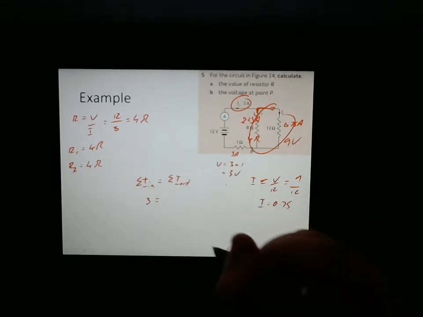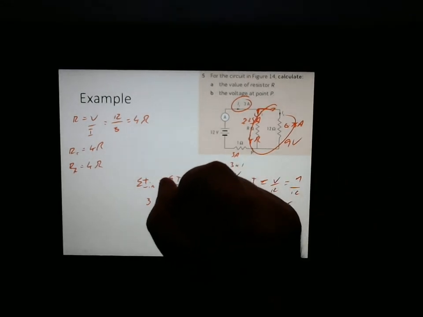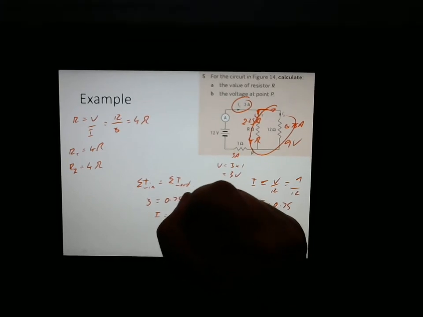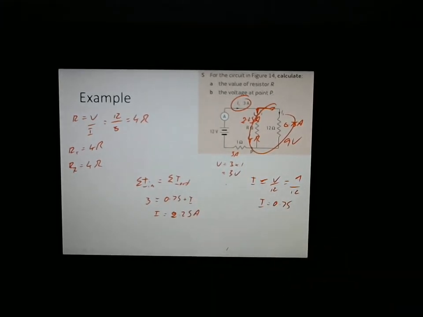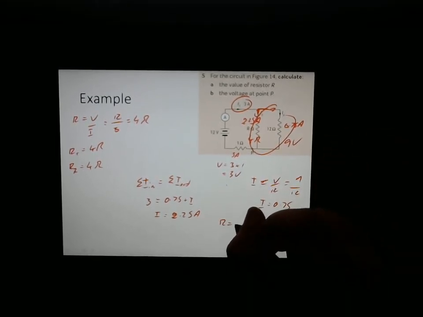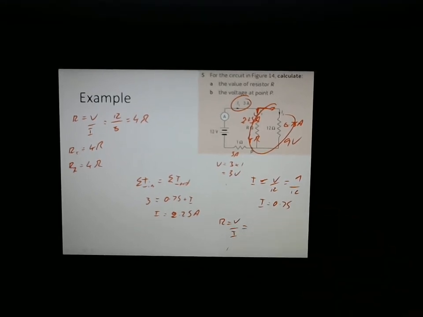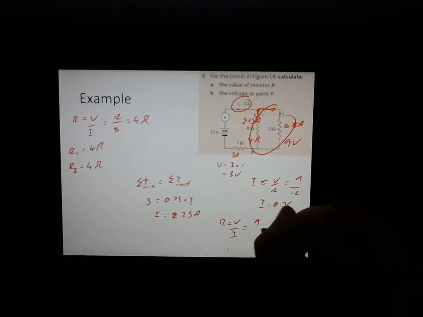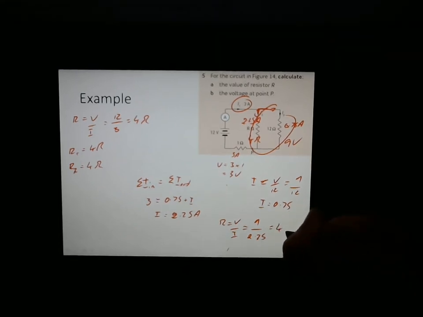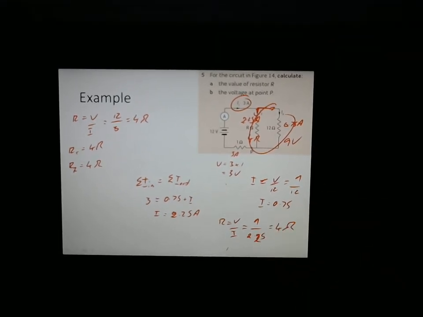So 3 equals 0.75 plus I, so I would equal 2.25 amps. And we know it also uses 9 volts. Remember, the voltage is the same. So the resistance equals voltage over current equals 9 volts divided by 2.25. And 2.25 into 9, yeah, goes 4 times. Equals 4 ohms. Okay.